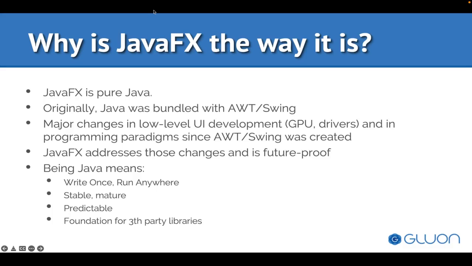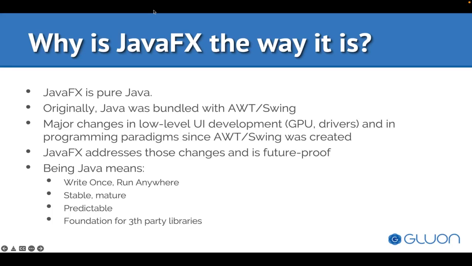And since it is still pure Java, it also means that the properties, the benefits, and the requirements of Java apply as well. Being Java means, and we will go over these four points in the next few slides, that we have to adhere to the write once, run anywhere paradigm of Java.